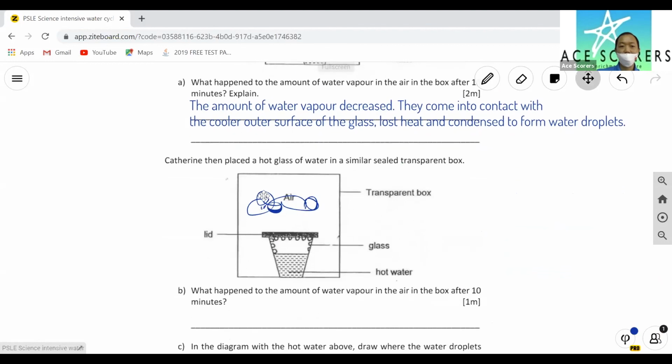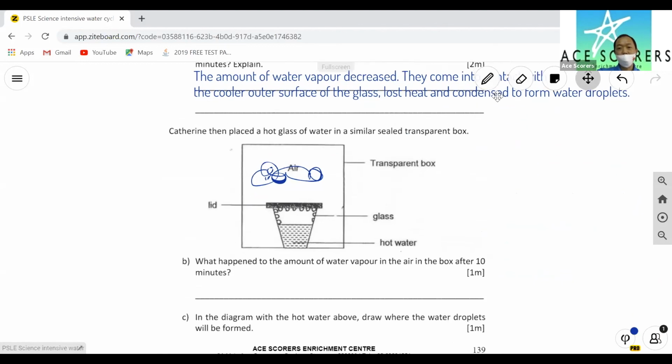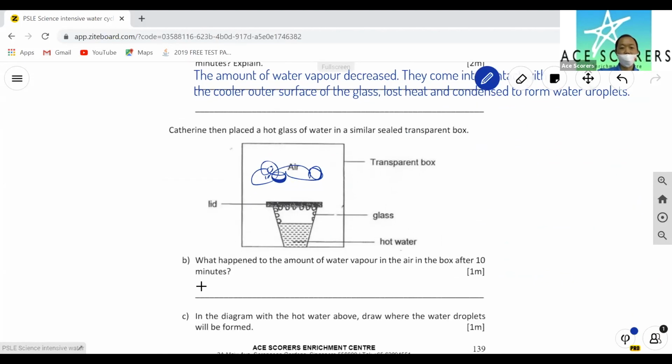But how about hot water now? Any change? No, it remains the same, because there is no condensation and no evaporation. Everything happens inside the box.